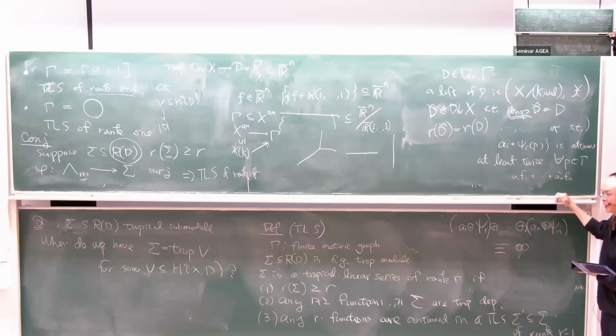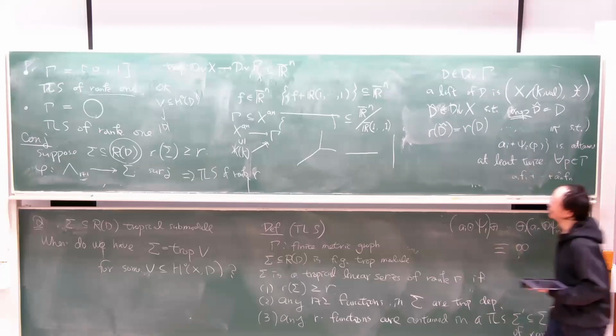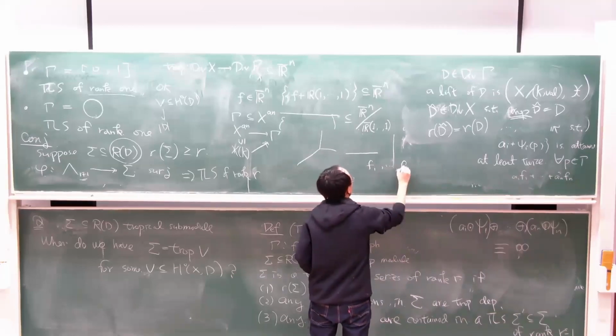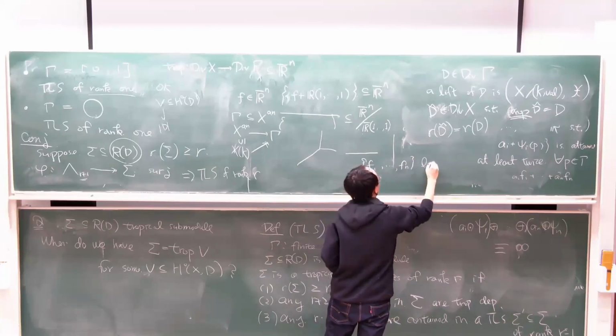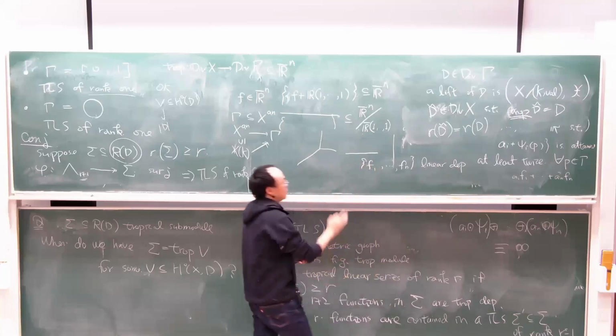If this comes from an actual curve, the tropicalization of an actual curve, then what's the condition when you tropicalize such a linearly dependent thing?